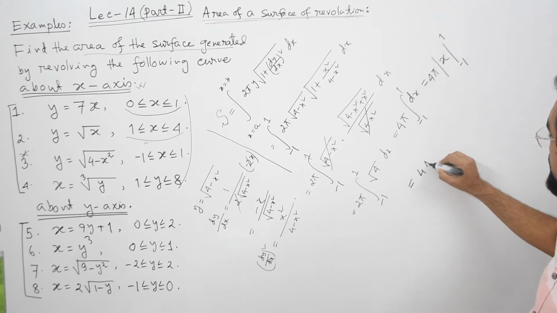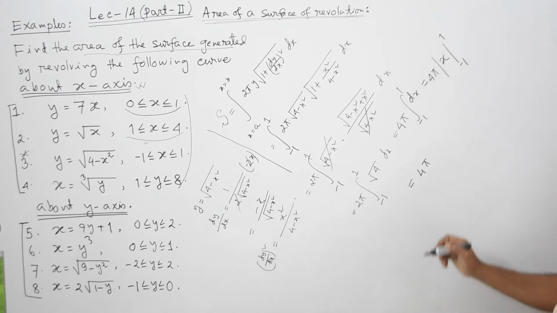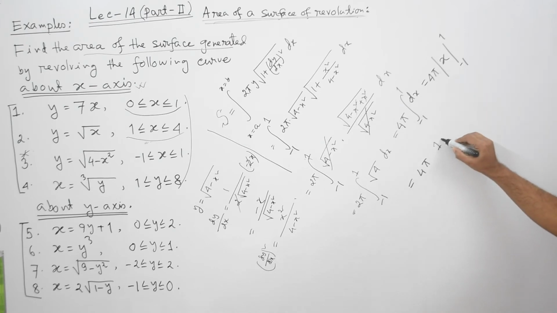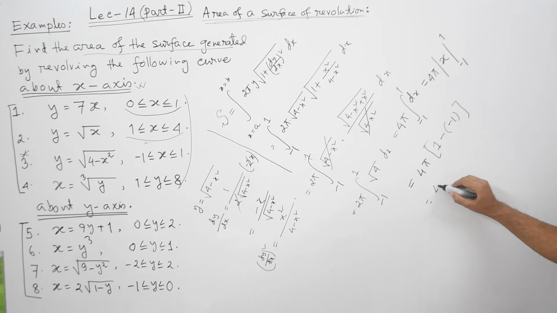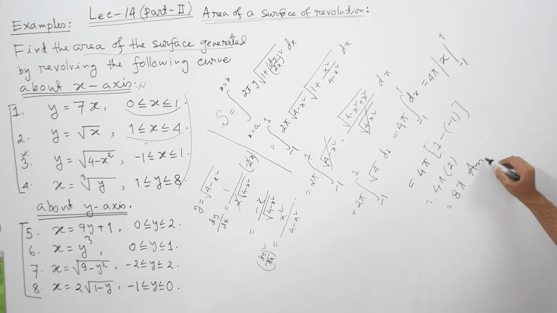This equals 4 pi. If I put the upper limit, I will get 1 minus the lower limit. So 4 pi times 2, which is equal to 8 pi. So 8 pi is the answer.